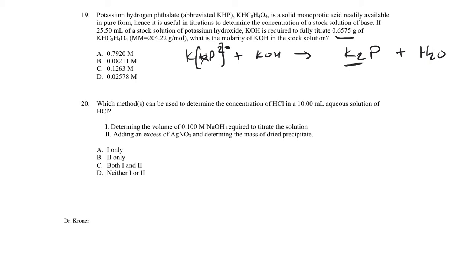We have 2 potassium. If you think of this like potassium hydrogen carbonate, for example, then we're just going to CO3 2 minus. So we're going from hydrogen phthalate to the phthalate ion here, so we need 2 K pluses to balance it. All potassiums are aqueous, liquid. The key is monoprotic, so 1 KOH is needed for every 1 KHP.